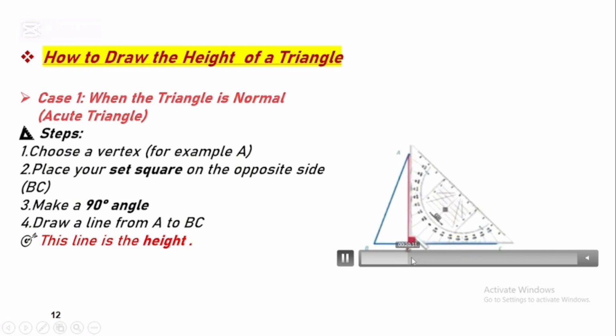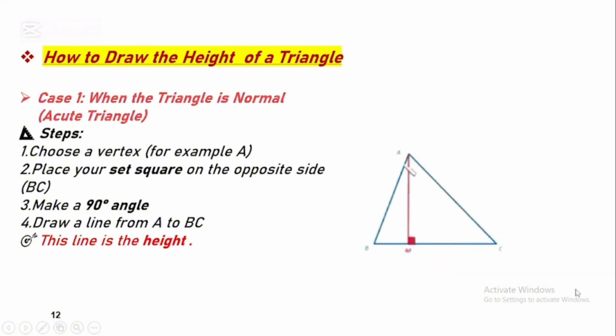And this line is called the height. In any triangle, we can draw three heights. So this is the first height, AM.